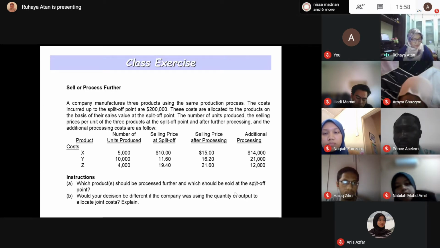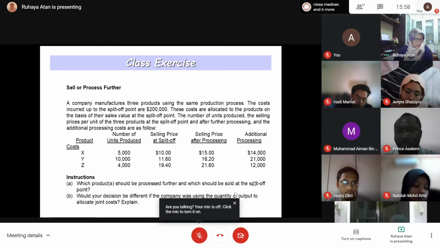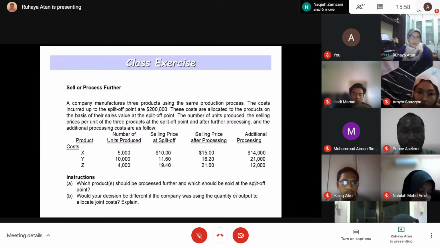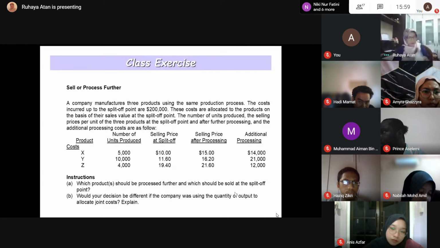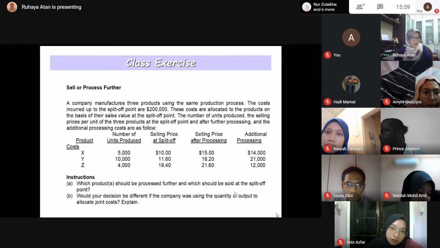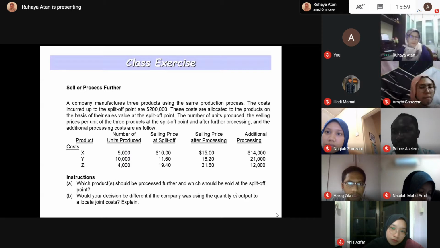In this case, you need to calculate what is the incremental revenue. Compare the three products. Normally we do one or two products, but this one you have three products. So calculate first what is the revenue at the split off point for X, Y, Z.